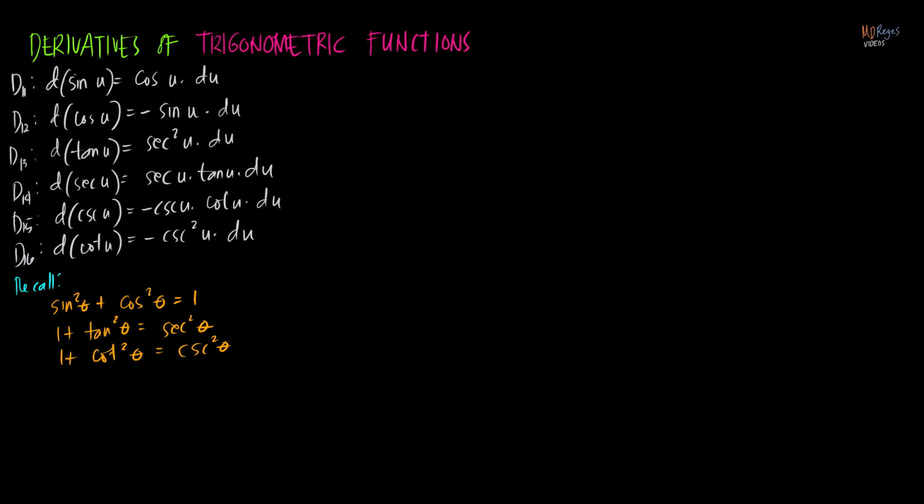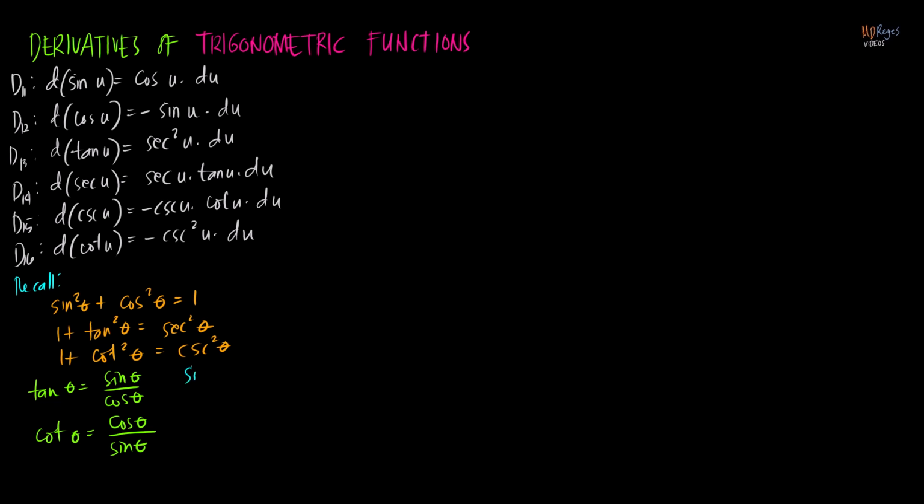We also have the quotient identities. Tangent theta is equal to sine theta over cosine theta. And just because cotangent is the reciprocal of tangent, cotangent theta is equal to cosine theta over sine theta. We also have the reciprocal identities.